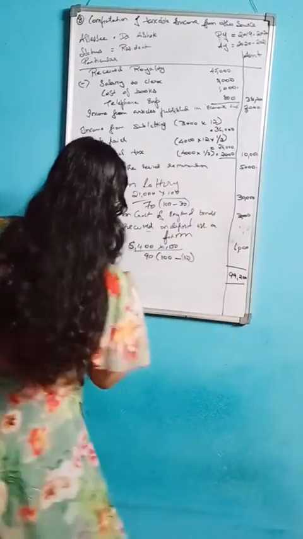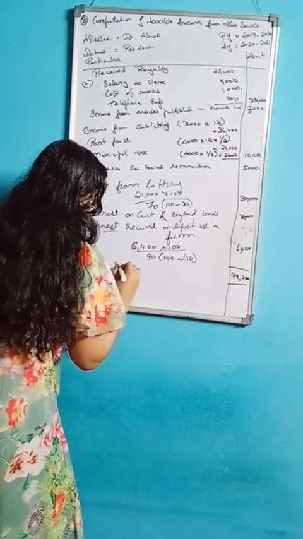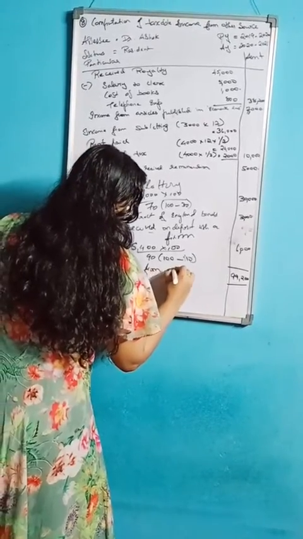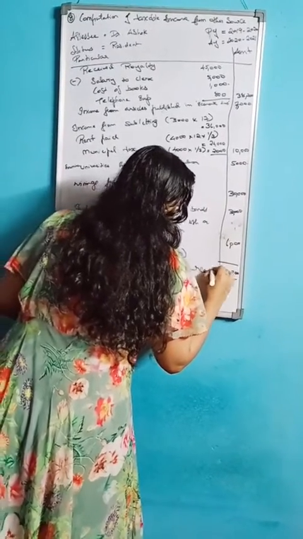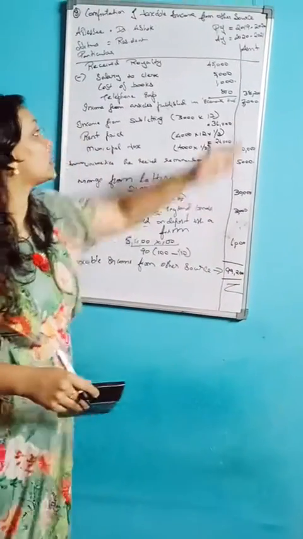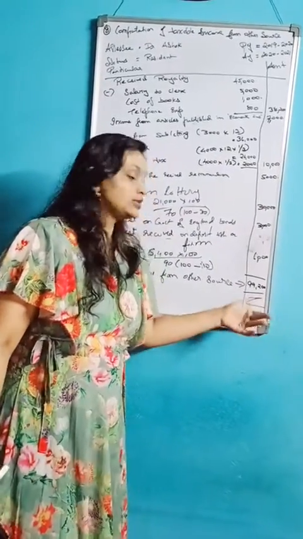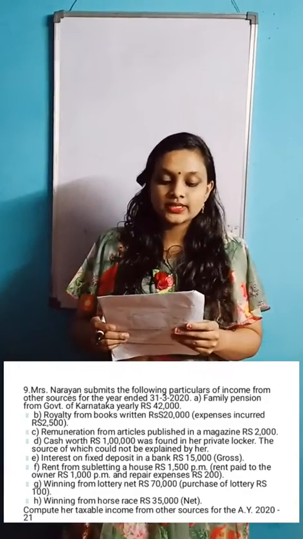This is the taxable income from other sources. The final answer after calculating everything, you will get 99,200.